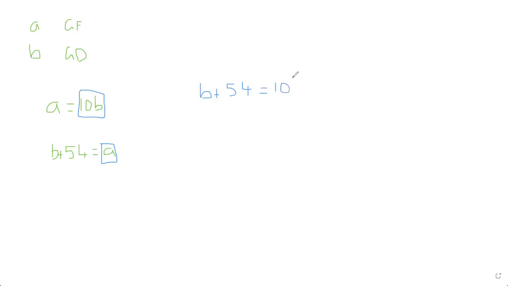And I'm going to collect my B's. So 54 equals 10B minus B. So then 54 equals 9B. And then I'm just going to divide by 9. So 54 divided by 9 is 6. So that makes the granddaughter 6.